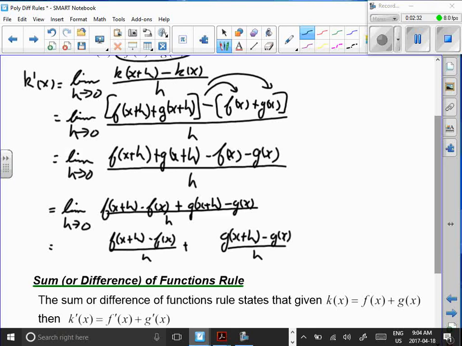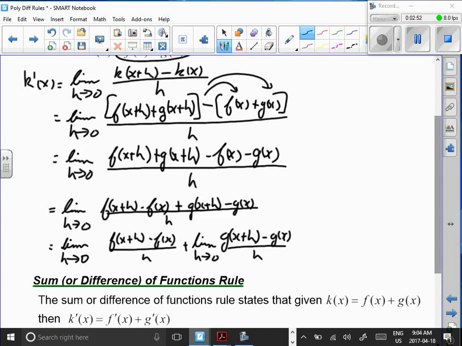Now we need to take the limit, and the limit of the sum is the same as the sum of limits. So we can do the limit of each one of these separately. So the limit as h approaches 0 plus the limit here as h approaches 0.